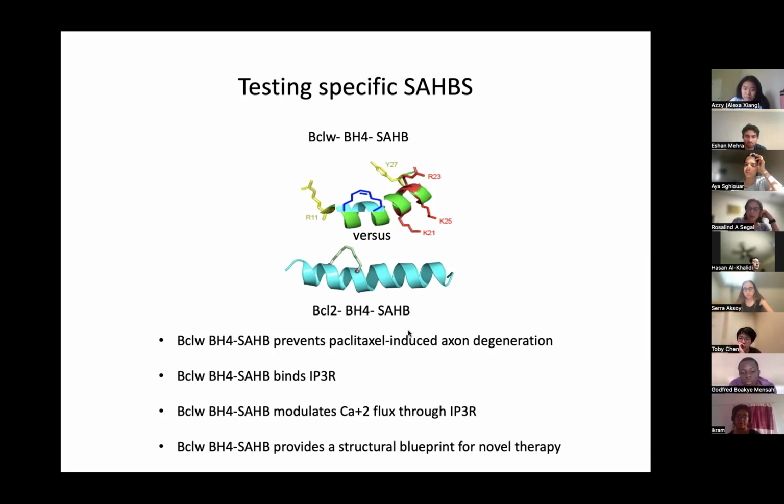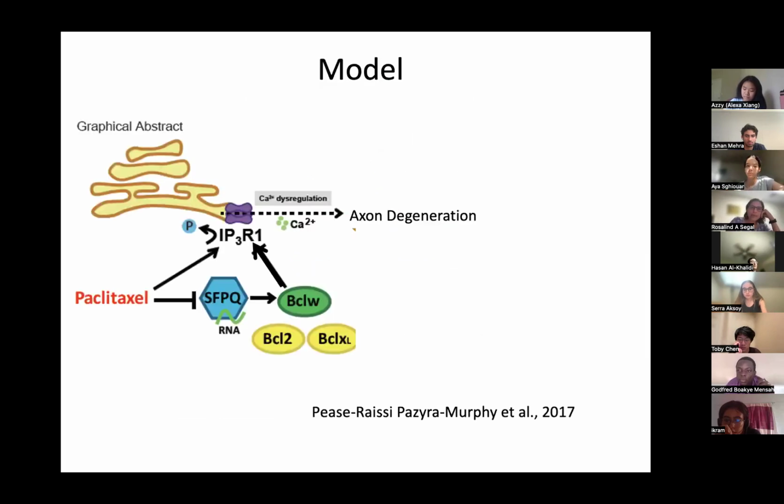And this way, we now have a structural blueprint for how to develop a new therapy for CIPN, because we can say, okay, this one worked, this one didn't, and what are the differences? And one of them turns out to be a particular amino acid. So we now can begin to think about how we might treat CIPN by understanding what caused it.